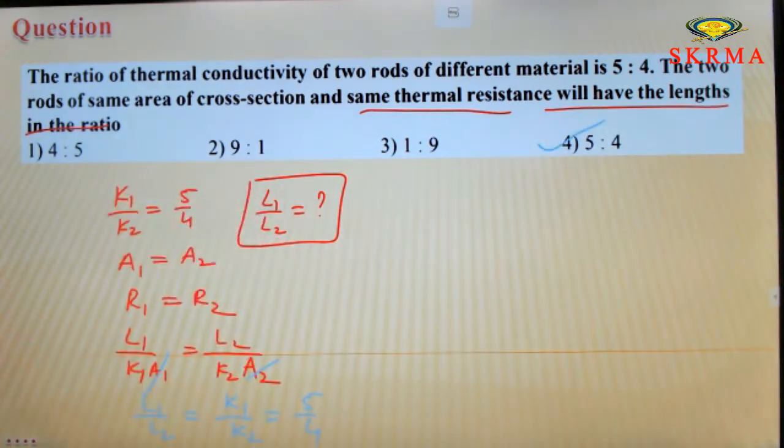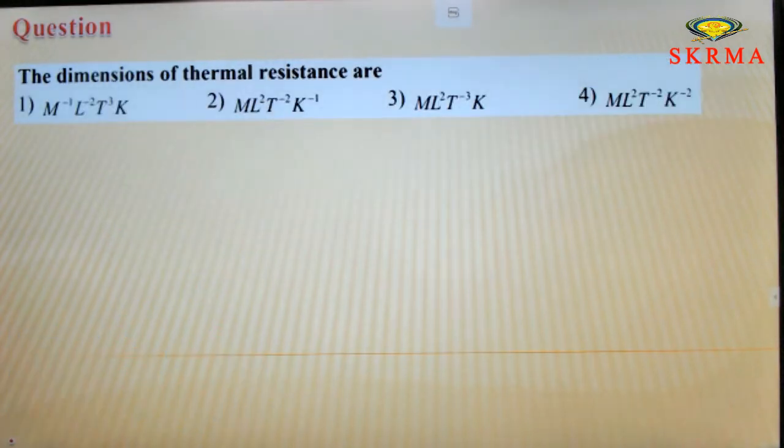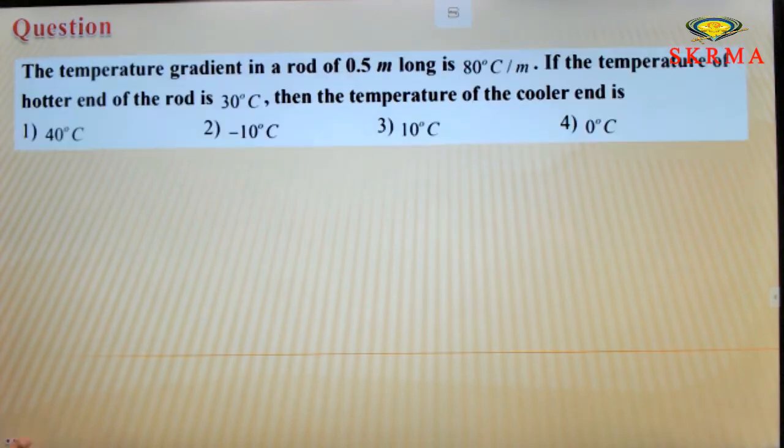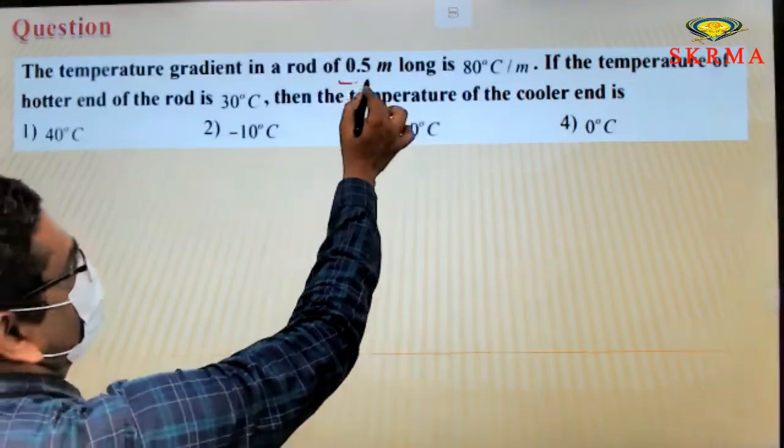Same answer. Next, dimensional formula of thermal resistance. So thermal resistance dimensional formula is M power minus 1, L power minus 2, T power 3 and K. First option.